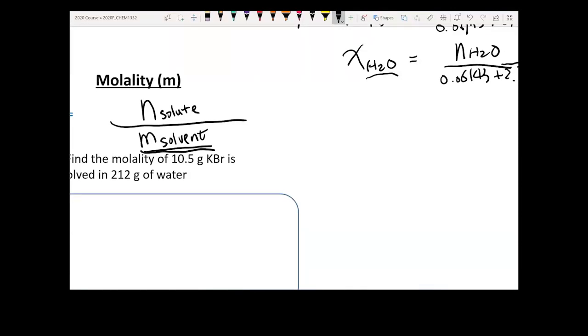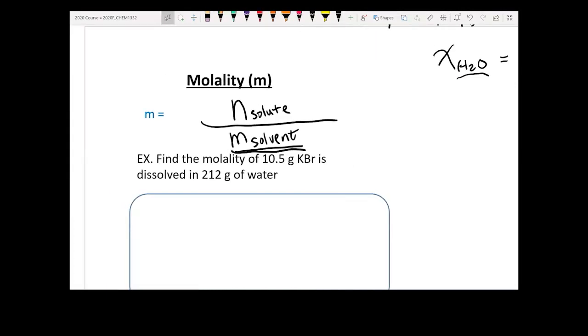It's the only one where the denominator is a property of your solvent only, not the solution anymore. This is the mass of your solvent with a unit of kilogram.